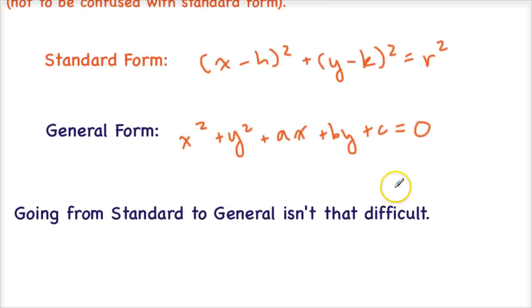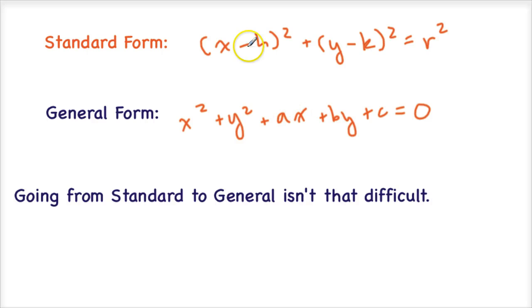Going from standard form to general form is not all that difficult. It's really just a matter of foiling out the squared terms here and then subtracting the r squared over. So if we're going to use our equation that we've just been using, (x + 3)² + (y − 2)² = 16, all I would do here is FOIL this out.